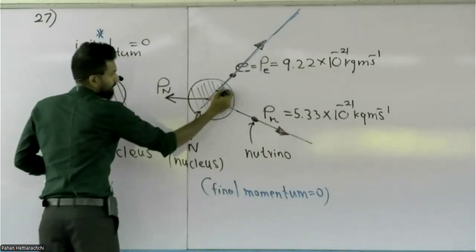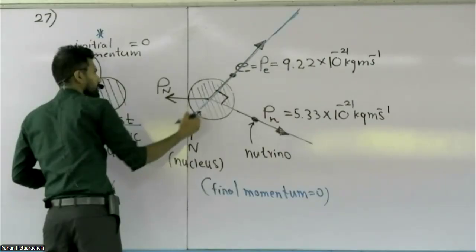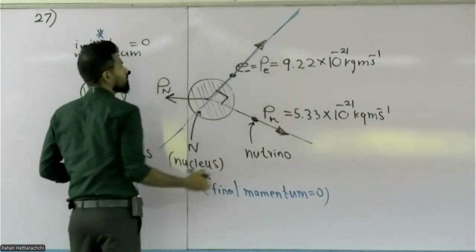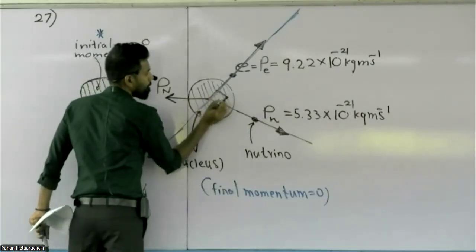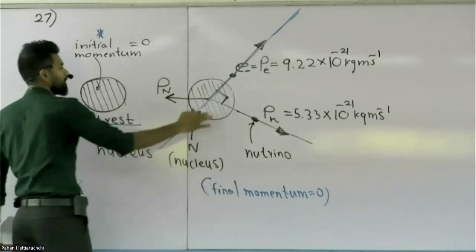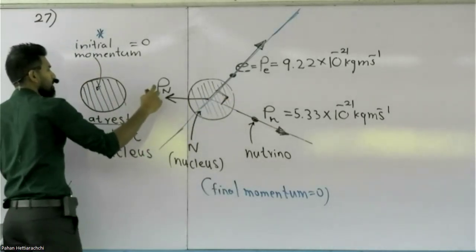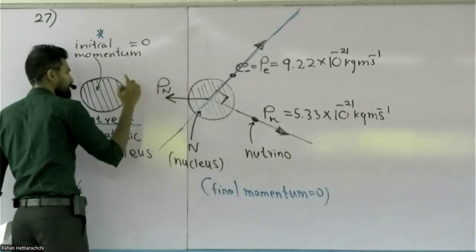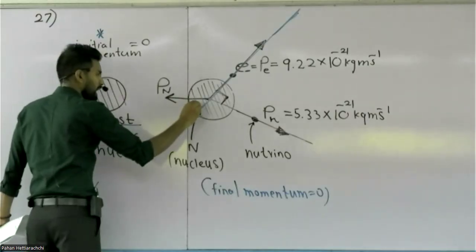My first consideration is the direction where the electron is moving. The neutrino is moving perpendicular to that direction, so it does not affect the direction where the electron moves. The recoiling nucleus has a momentum of Pn. It's in a direction like this. I'm marking an angle alpha here.